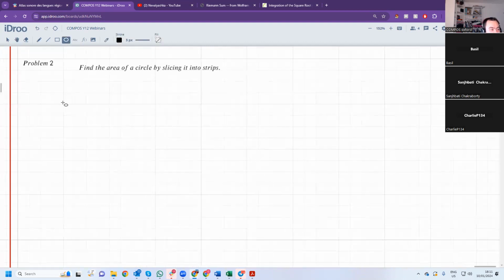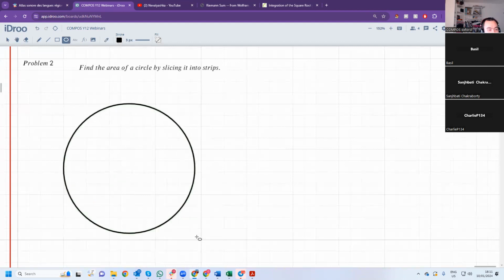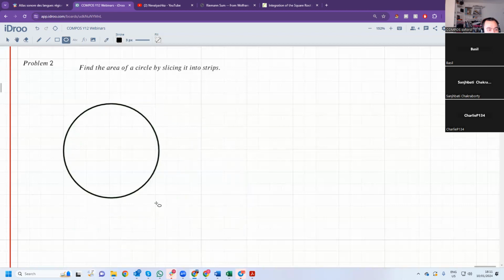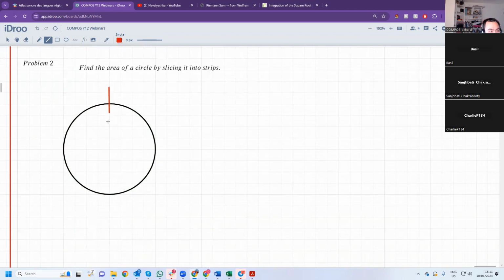Okay, so let's take a circle. Too big, that's fine. And I'm going to slice it, but I'm not going to slice the whole thing. I'm just going to take half the circle and slice it like this.